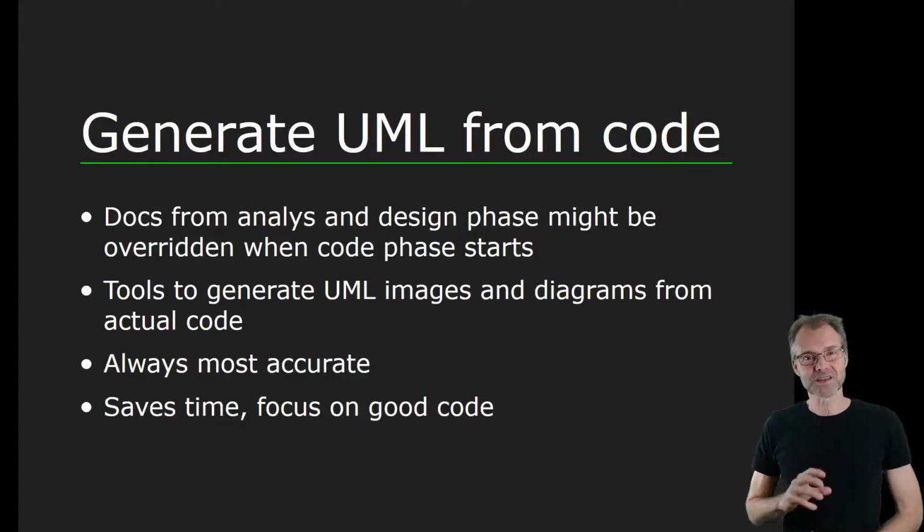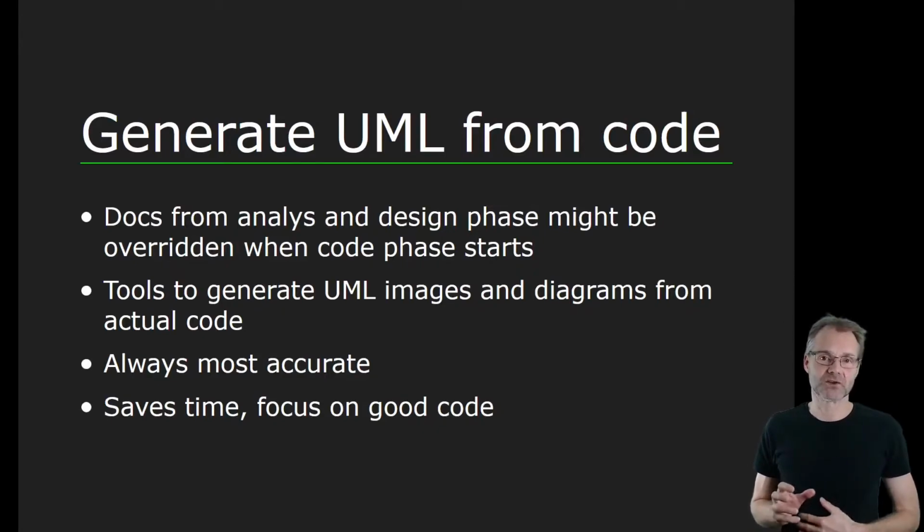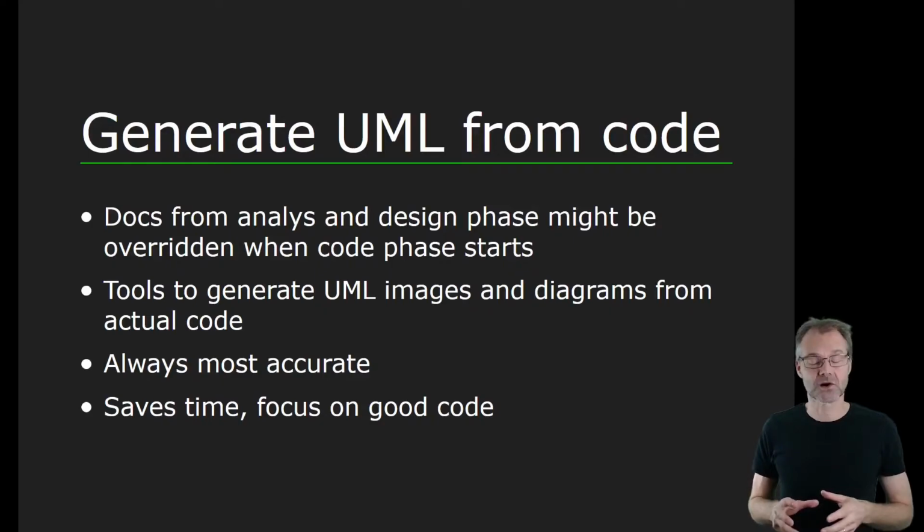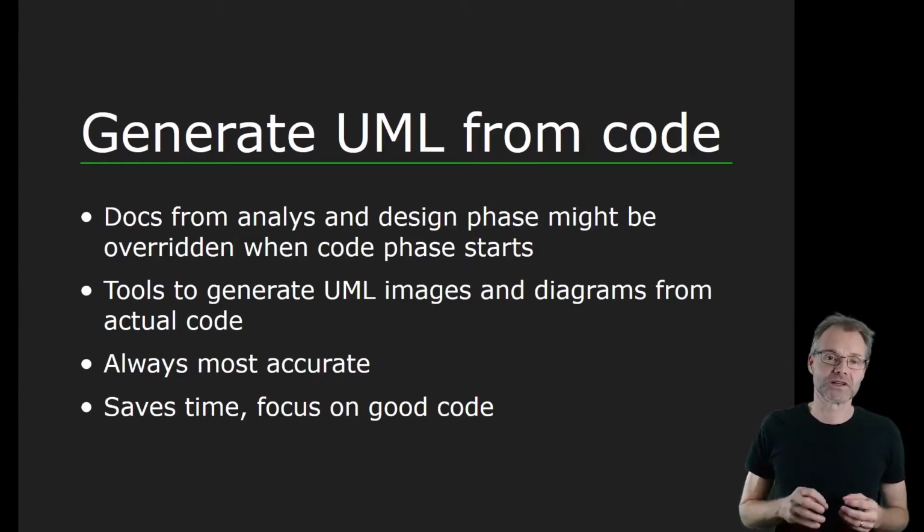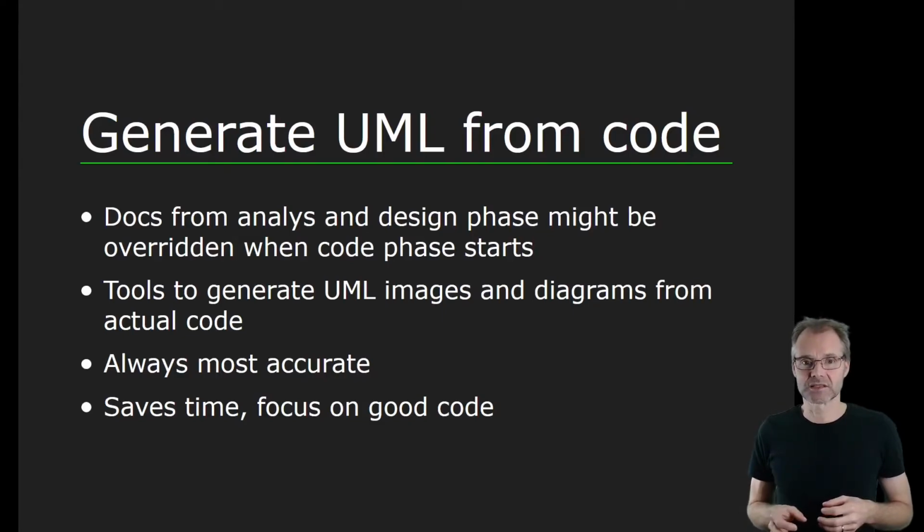But when it comes to the analysis and design documents, I think we should generate those. And we should generate those from our current code base, so we always have them up to date. And there exist in general a good setup, there exist tools for, in general, any programming language. So you can generate UML images and diagrams from the source code.